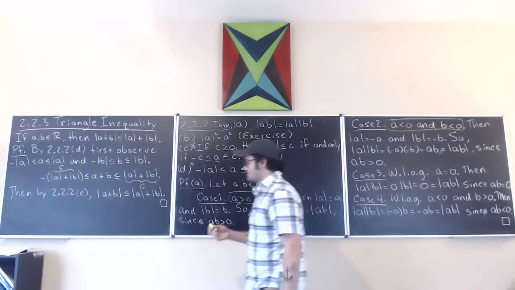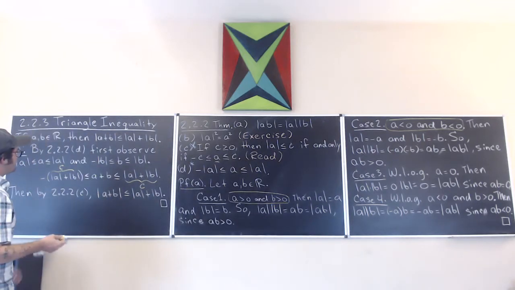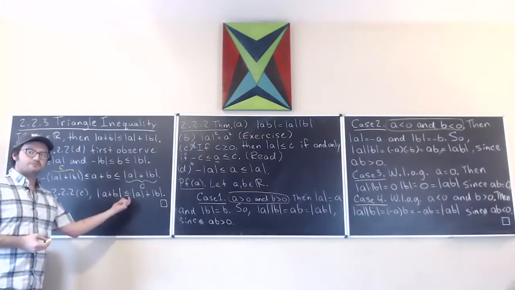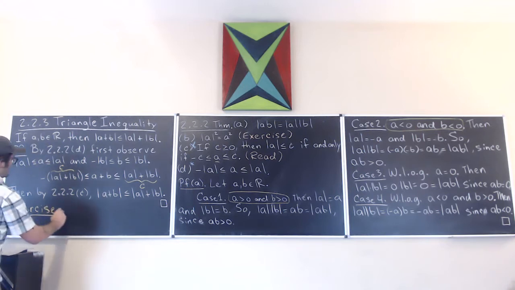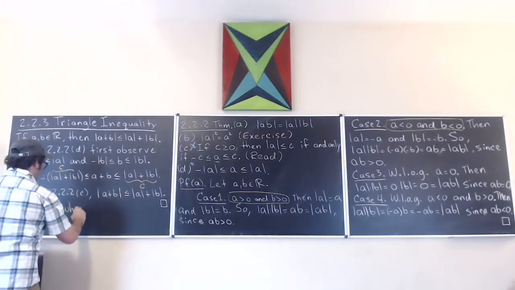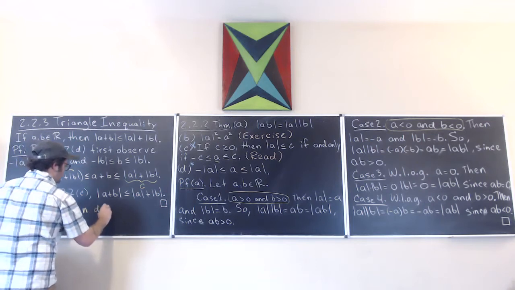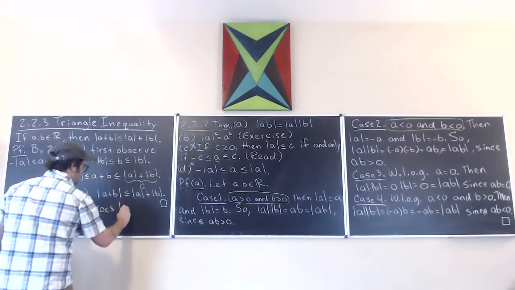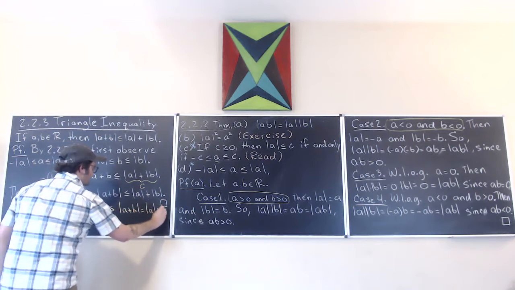And I think in your textbook, it's left as an exercise. I think the second problem from this section is to establish when equality holds. So as an exercise, when does equality hold? So when does the absolute value of A plus B equal the absolute value of A plus the absolute value of B?